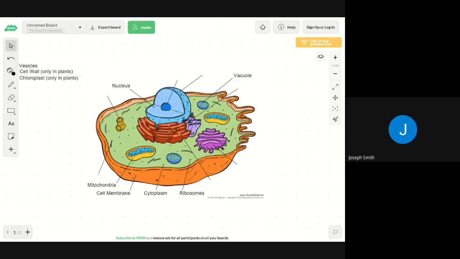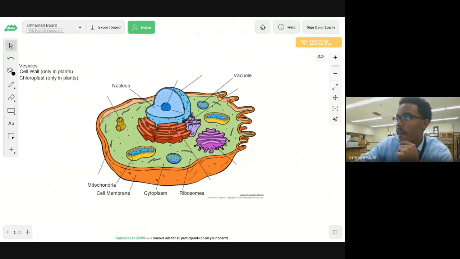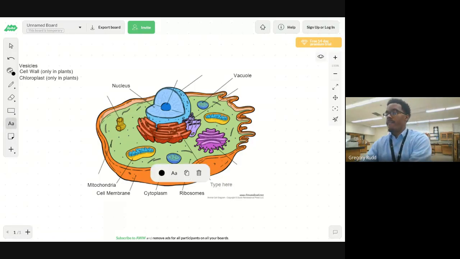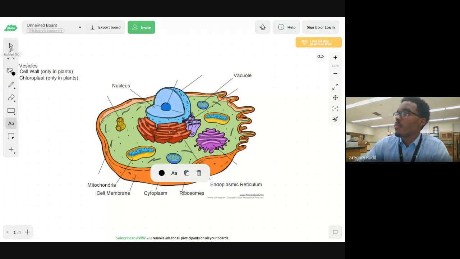So that's good. That one, Mr. Rudd. What'd you say? I got one. What else? The endoplasmic. It's the endoplasmic one. That's the other one that I was pointing out that I had wrong. Yeah. Good.